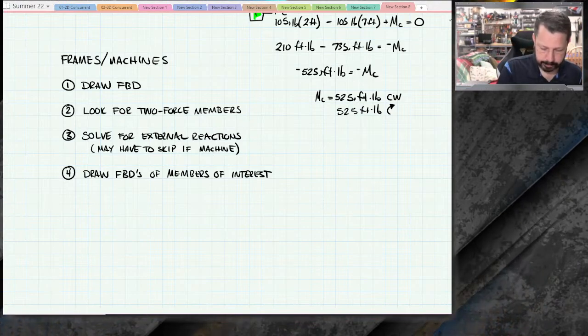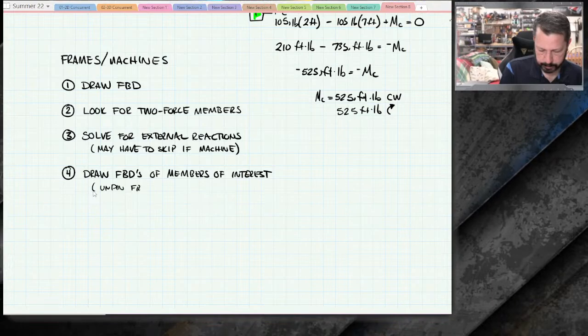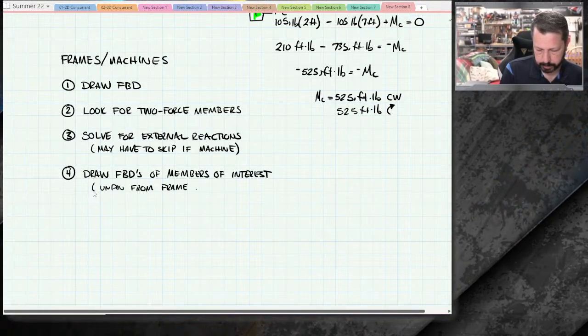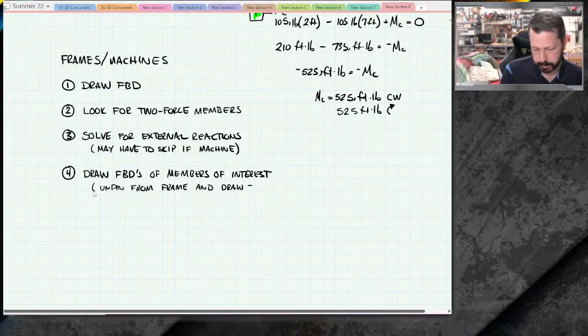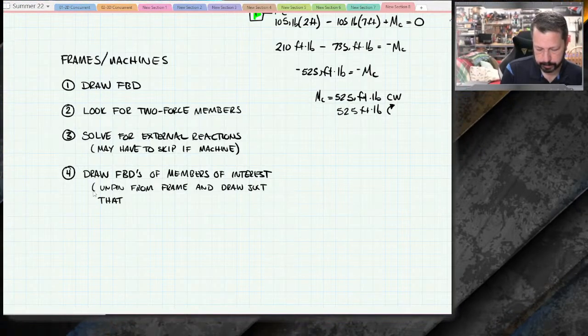So I'll kind of write that: unpin from frame and draw just that member. The free body diagram of just that member.